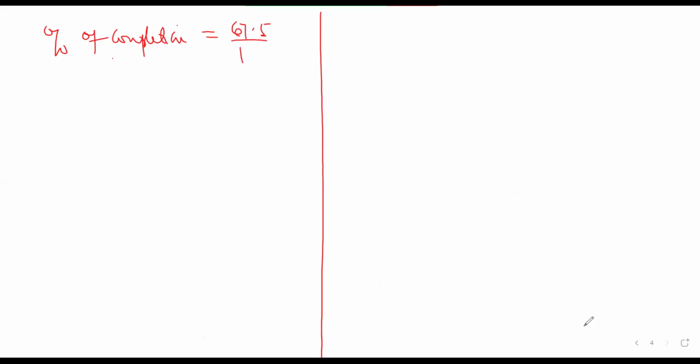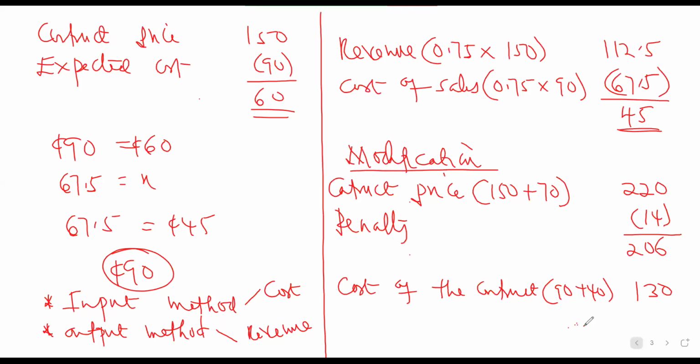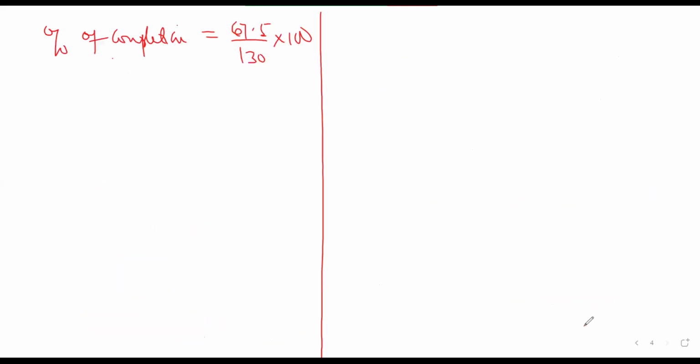So what portion of that amount has been completed? So what portion of the work has been completed? 51.9. Okay. Can you make it 52? Okay. So we have completed 52% of the work.